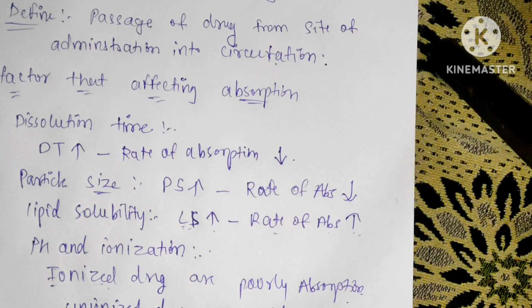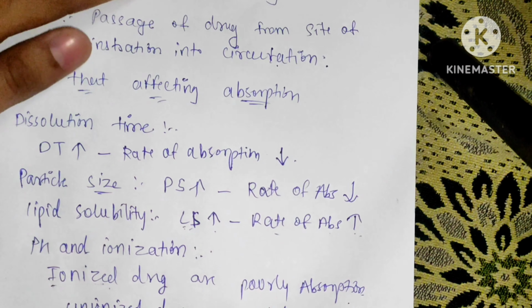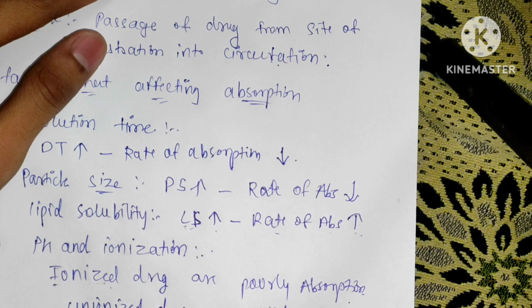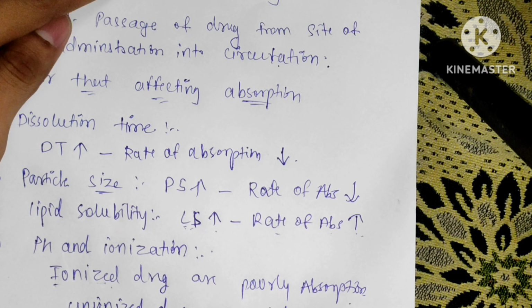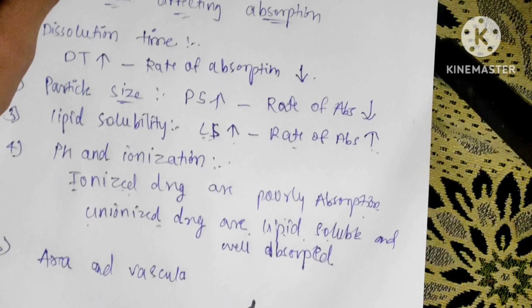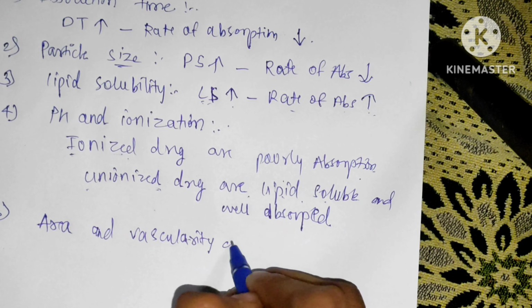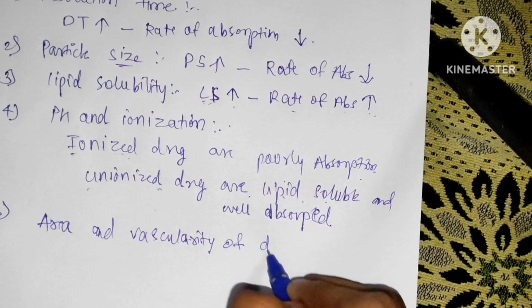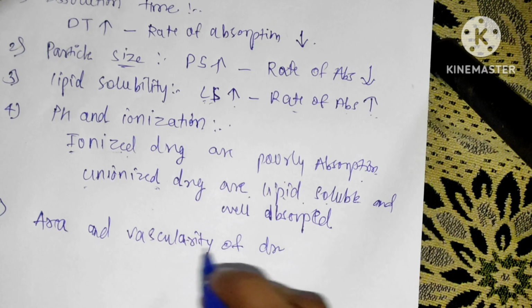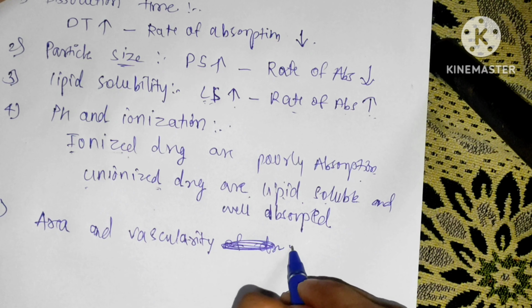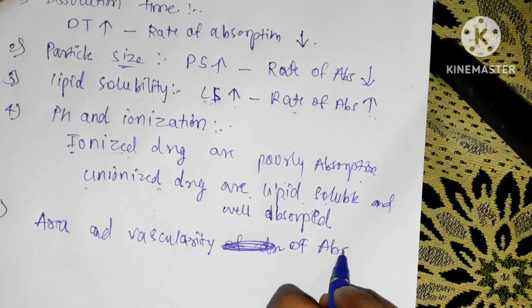Then the fifth one is the area and vascularity of the absorbing surface.